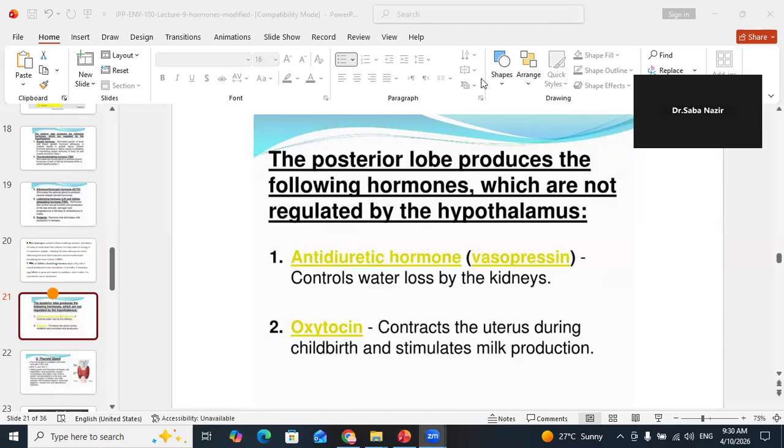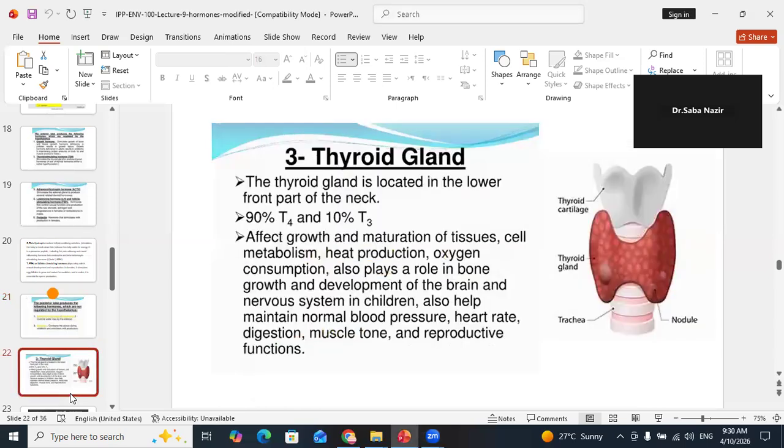Okay, so up till now we have discussed two of the parts of the endocrine system. We did hypothalamus, we have done the pituitary gland. The next is the thyroid gland. The thyroid gland is located at the lower part of the neck.